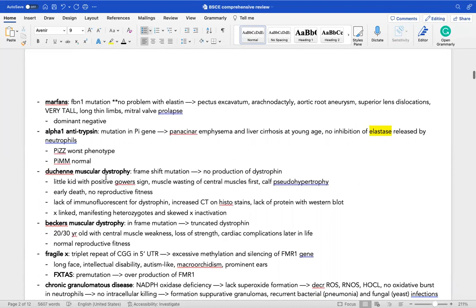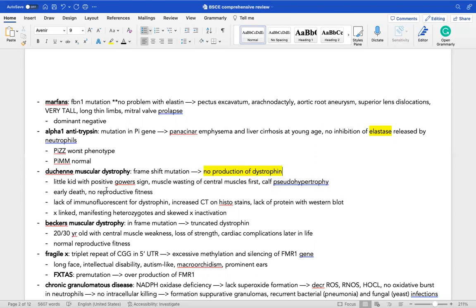The next condition is Duchenne muscular dystrophy. We have a frameshift mutation, so there is no production of dystrophin. It's not that the dystrophin is truncated, as in the case of Becker's; here we just don't have any production. We have kids with positive Gower sign, muscle wasting, and calf pseudohypertrophy.